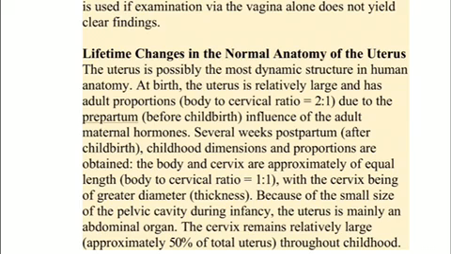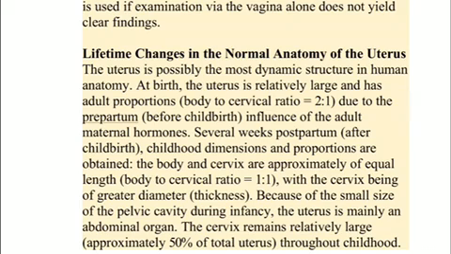What are the lifetime changes in the normal anatomy of the uterus? The uterus is one of the most dynamic structures you have in the body. At birth, the uterus is relatively large and it has adult proportions. The ratio of the body to the cervix is 2:1.